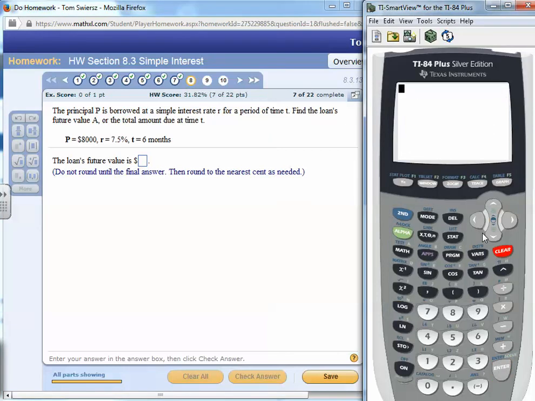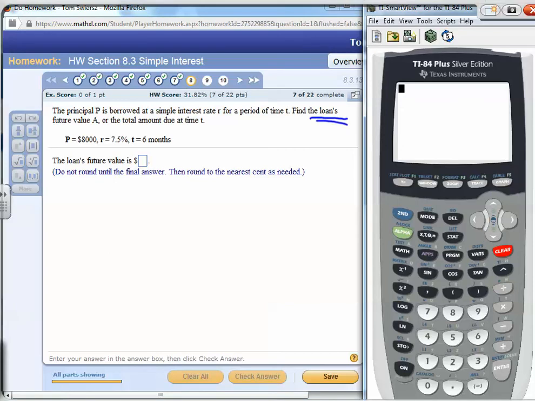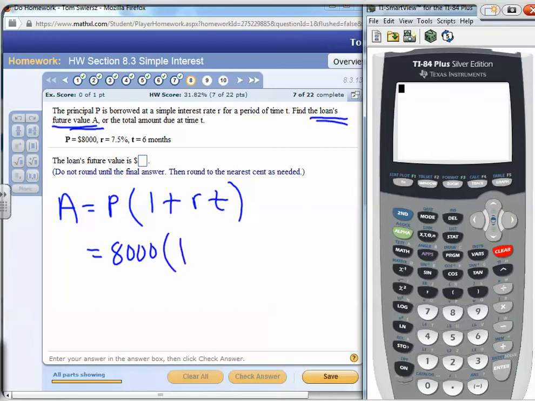Problem number 8. $8,000 invested at 7.5% for 6 months. Again, find the loan's future value. So the loan's future value, A, is equal to the principal times 1 plus RT, the rate times time. Principal, 8,000. The left paren, 1's always 1, plus the rate, 7.5 as a decimal.